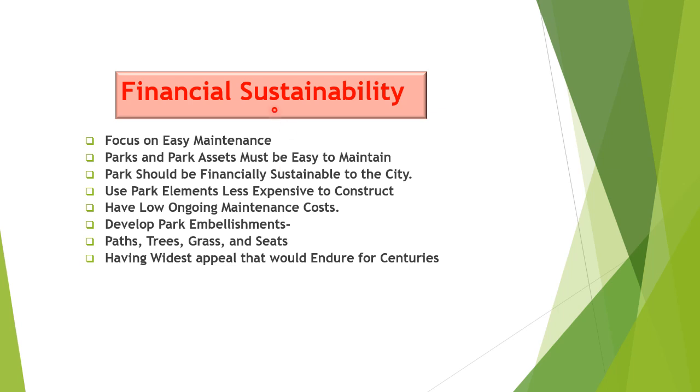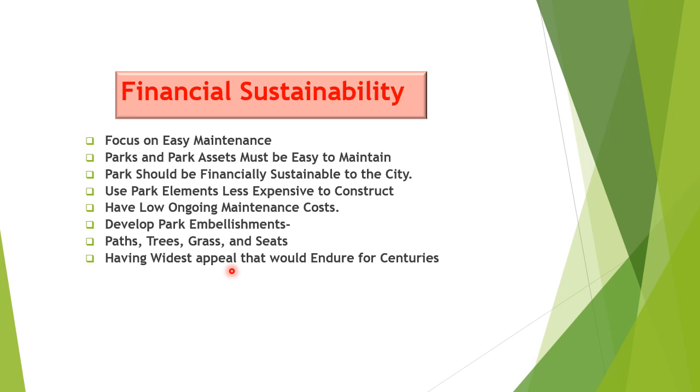Then there is one more important aspect, that's financial sustainability. Our focus should be on easy maintenance. Parks and park assets must be easy to maintain. Parks should be financially sustainable to the city. Use park elements that are less expensive to construct and have low ongoing maintenance costs. Develop park embellishments, paths, trees, grass, and seats having the widest appeal that would endure for centuries.